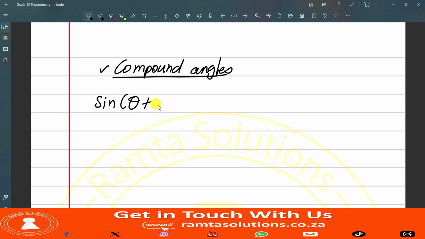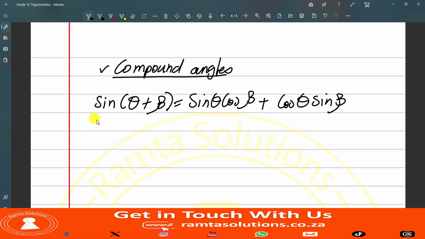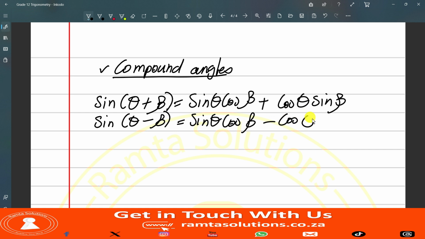So let's say theta plus beta will be sine theta cos beta plus, because it's sine, it's going to be plus, cos theta sine beta. Then let's try minus. So theta minus beta will be sine theta cos beta minus cos theta sine beta.